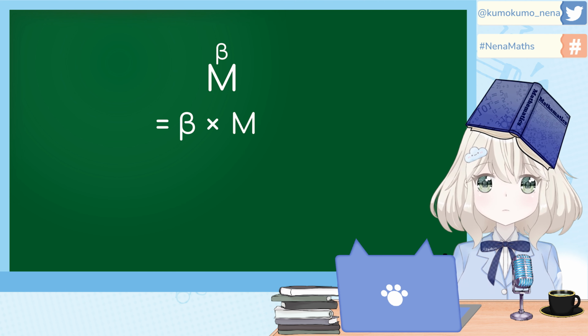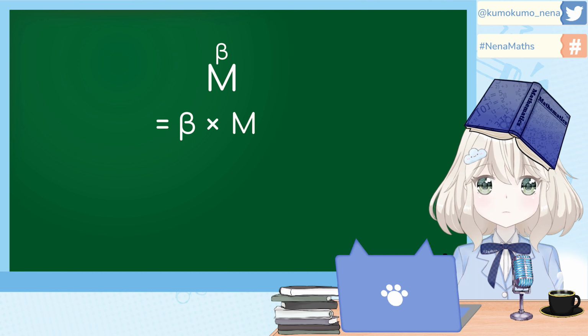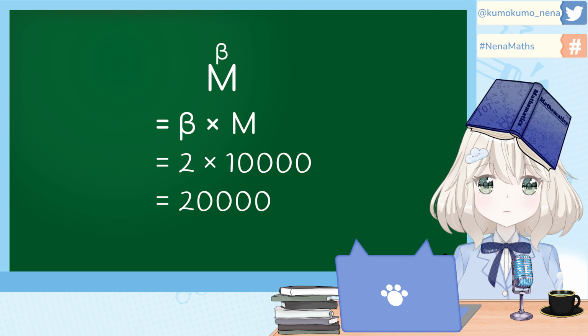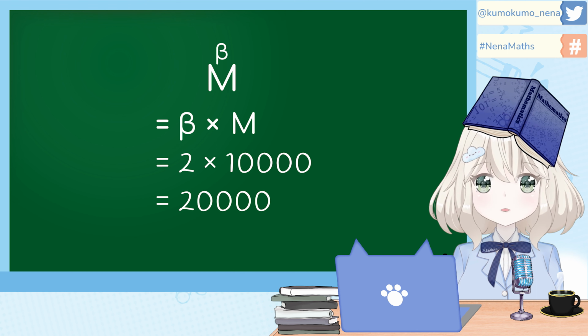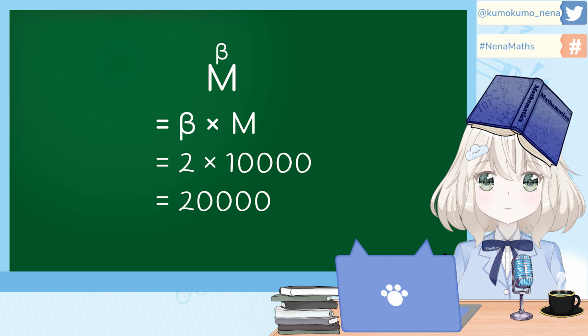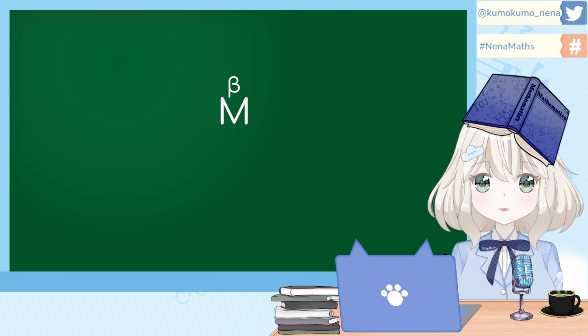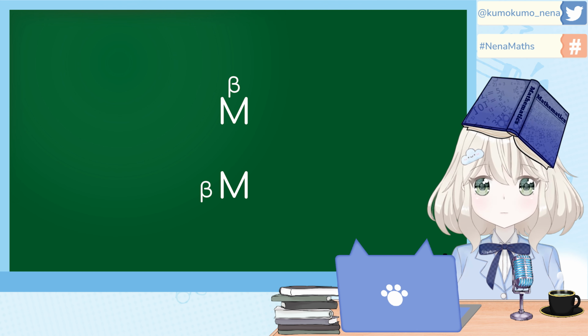For example, if we have the small beta written above the symbol M, then the value of the symbol will be 2 times 10,000, which equals 20,000. Using this method, the Greeks were able to express numbers as large as 99,990,000 without difficulty. The small symbols can be written either above or in front of the M.